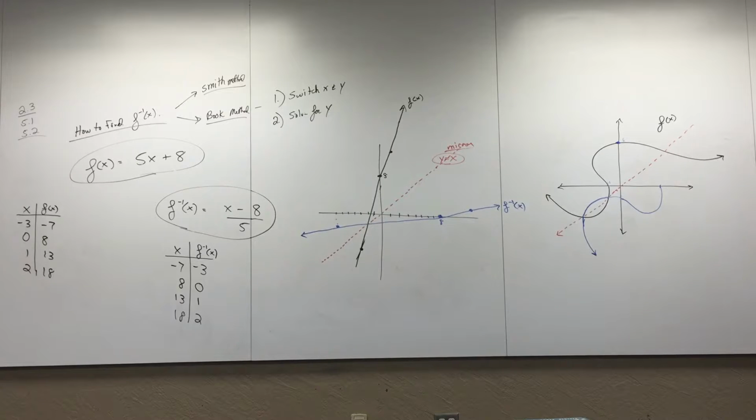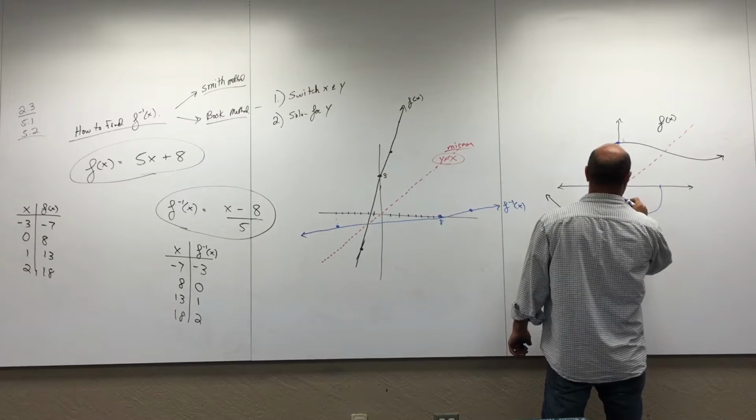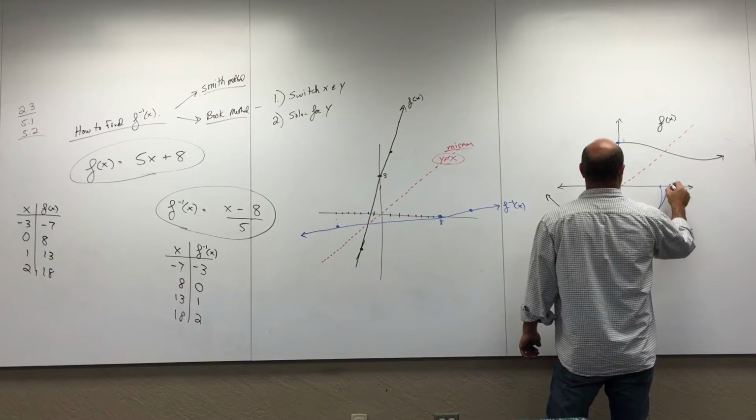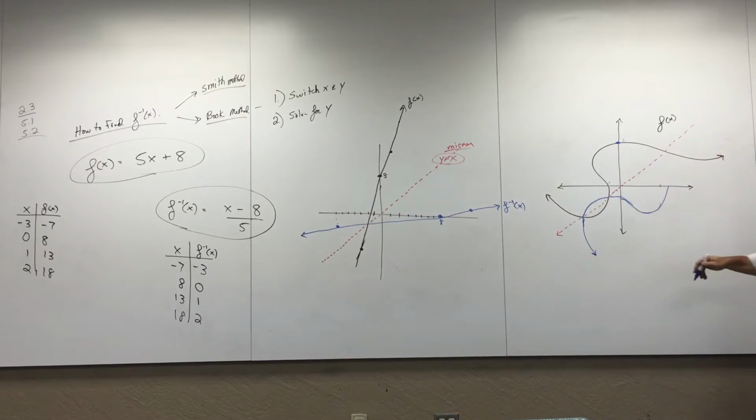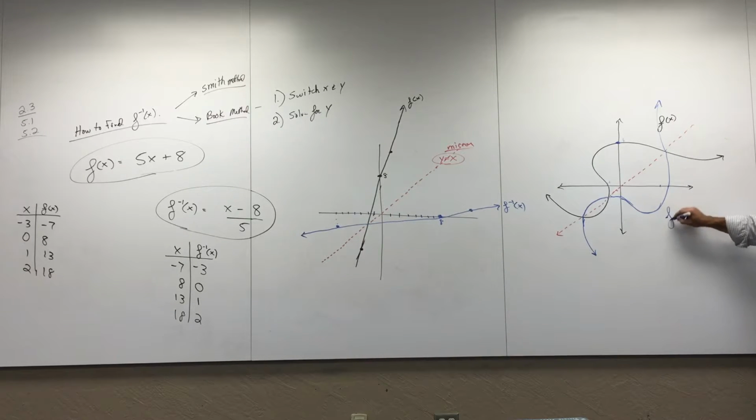I'm not doing too great. Then he's headed toward the mirror, so this guy ought to head toward the mirror and come out the other side. That ain't bad. That's a picture of f inverse.